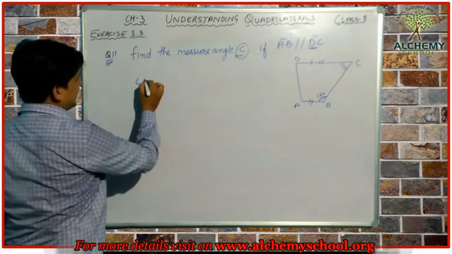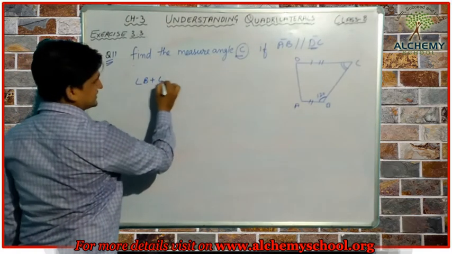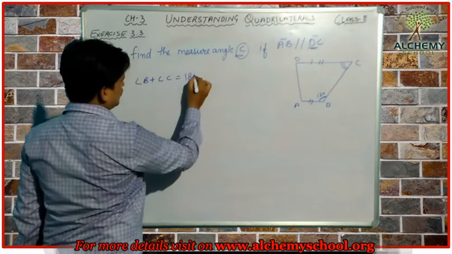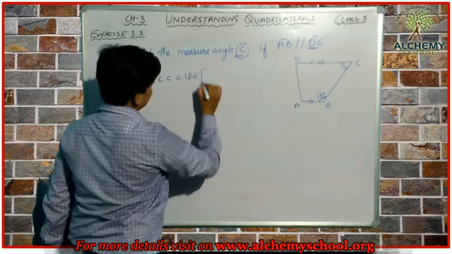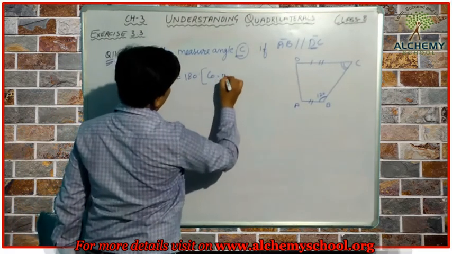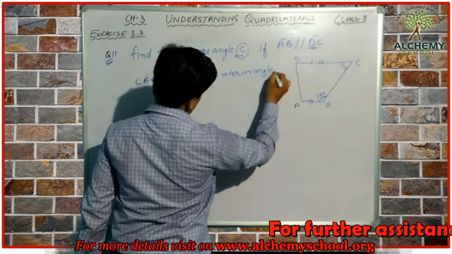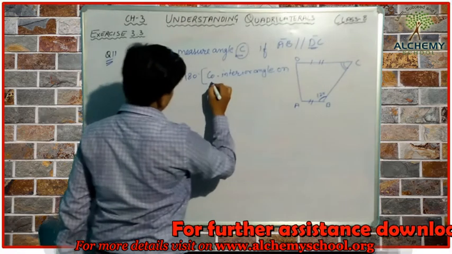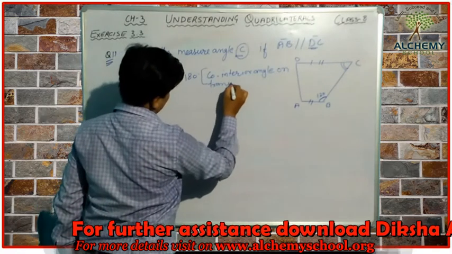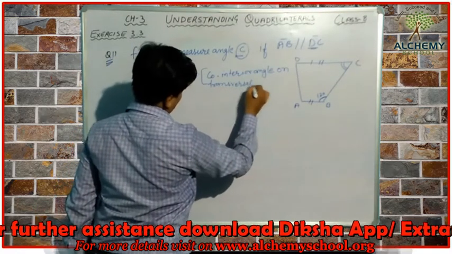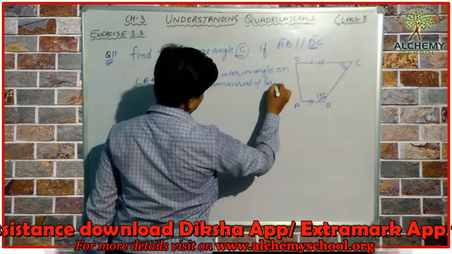So we can write here angle B plus angle C is equal to 180 degree because they are co-interior angle on transversal of parallel line.